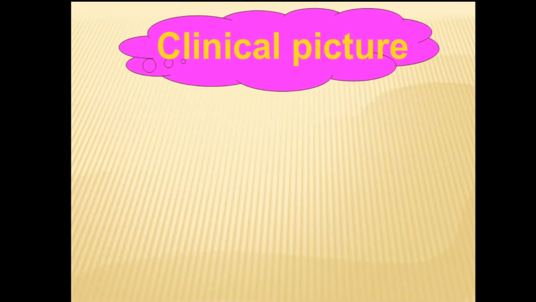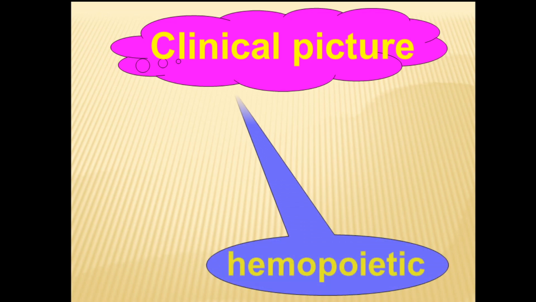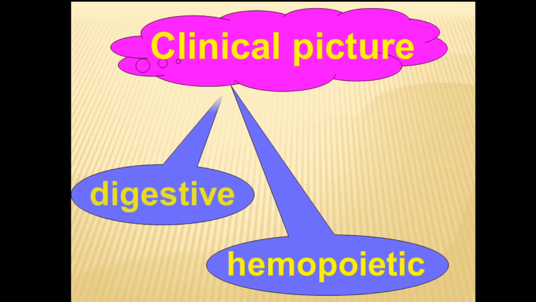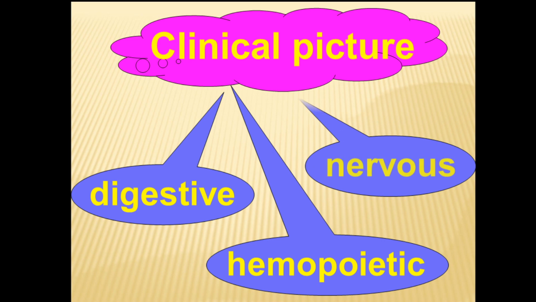As a result, the clinical picture of a patient with B12 deficiency anemia is characterized by three groups of syndromes: hemopoietic, digestive, and nervous. Three clinical syndrome manifestations: hemopoietic, digestive, and nervous.